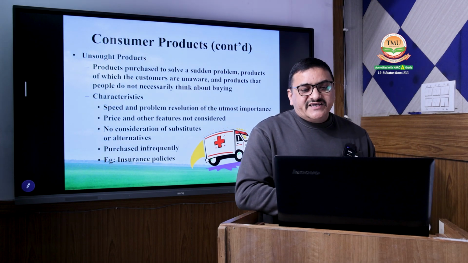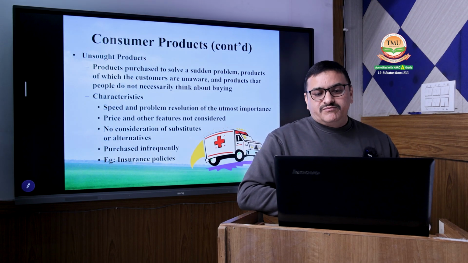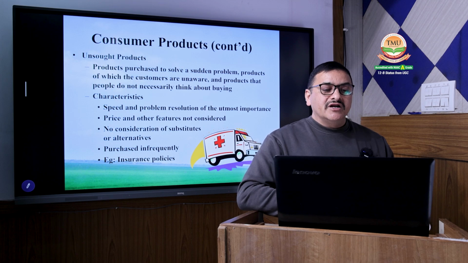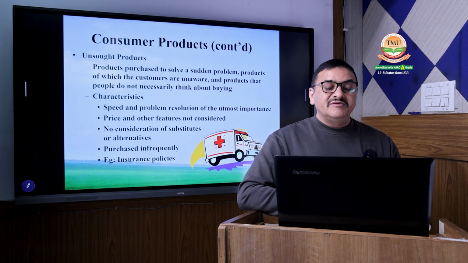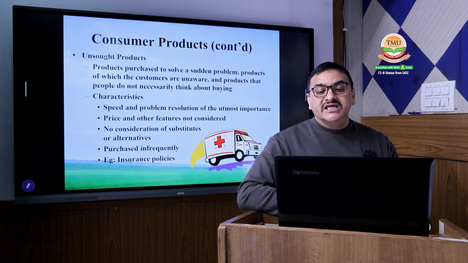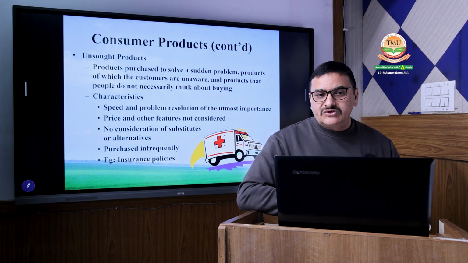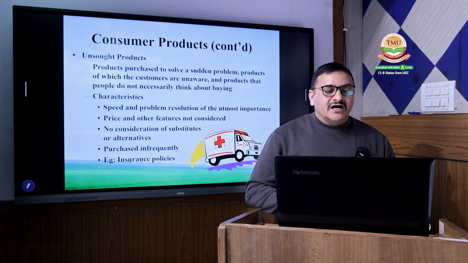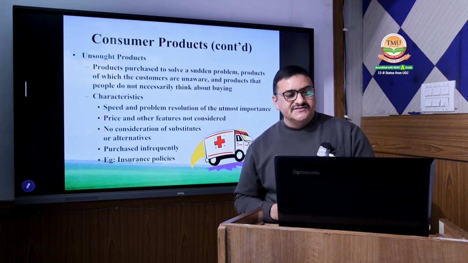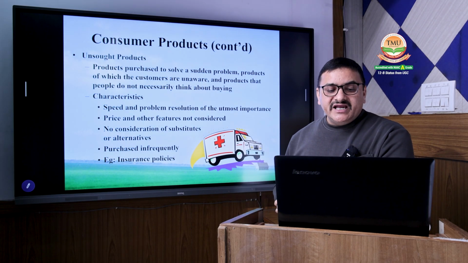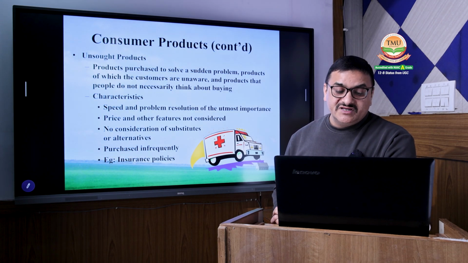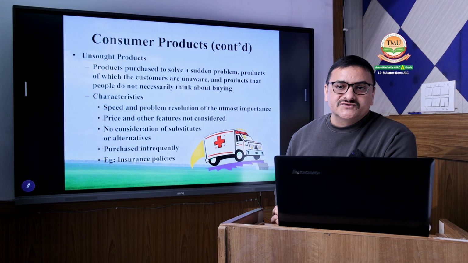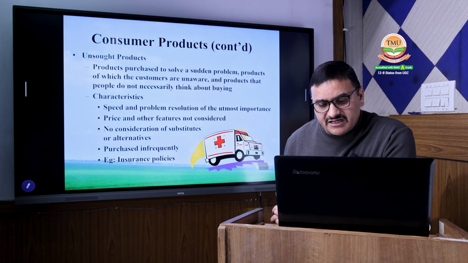When we say to solve a sudden problem, these are products of which the customers are unaware, and products that people do not necessarily think about buying on normal occasions. The unsought products have certain characteristics, like the speed and problem resolution being of utmost importance, meaning how the problem which is prevailing right now can be resolved.